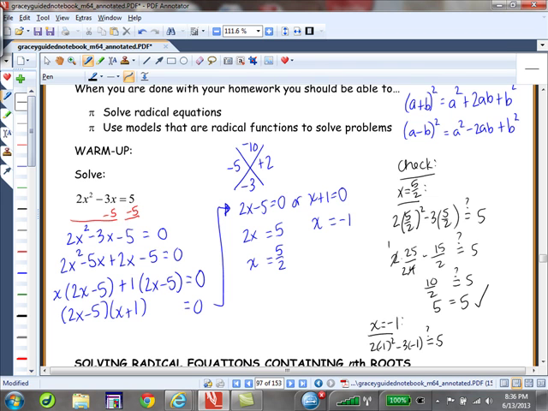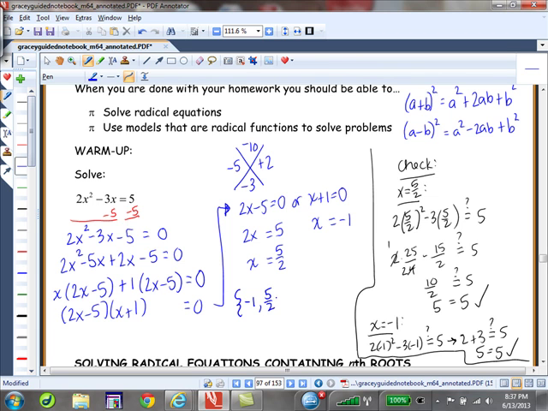So negative 1 squared is positive 1. So we'll get 2 times 1 plus 3, is 2 plus 3. Is that equal to 5? 5 equals 5. So that one also checks out. So therefore, don't forget to present your solution of negative 1 and 5 halves in your roster notation.